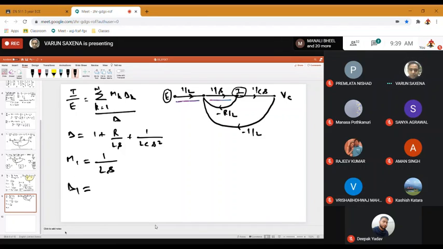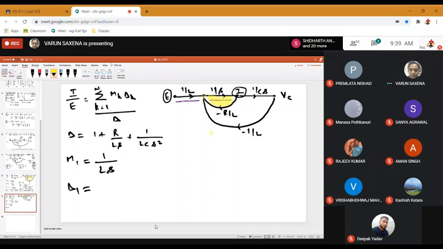Delta 1 is basically what? It is that part of the signal flow graph that does not touch the forward gain path. Is there any loop that does not touch the forward gain path in this case? Does this loop touch the forward gain path? It does, along this node and along this node.